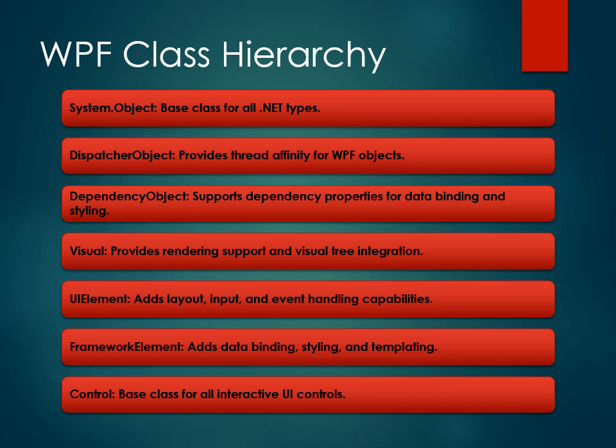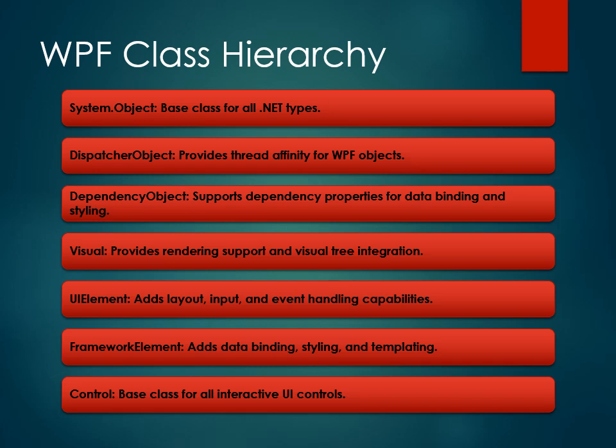For example, the TextBox.Text property is a dependency property that can be bound to a data source. In further videos, I'll take a separate topic on DependencyObject, which is very huge with many more features and properties, including why it is static. This can be discussed in a separate video.